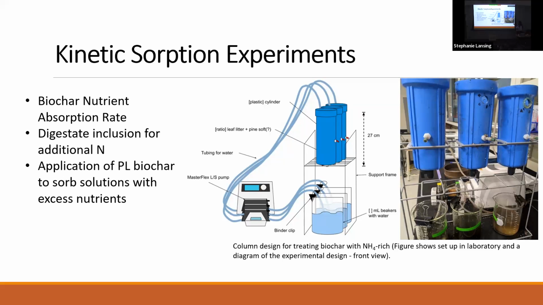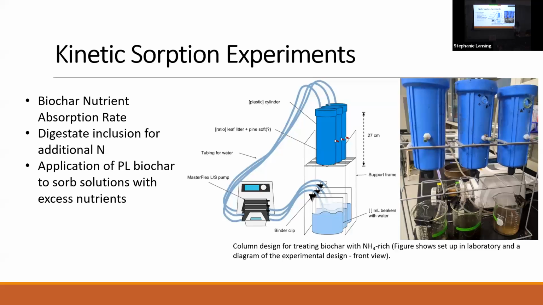The kinetic absorption experiment is done with a recirculating column, looking at the alternative nitrogen source, in this case digestate, and seeing, with every pass, how much the biochar absorbs the nitrogen from the solution, but also how the resulting leachate looks. Is it cleaner?